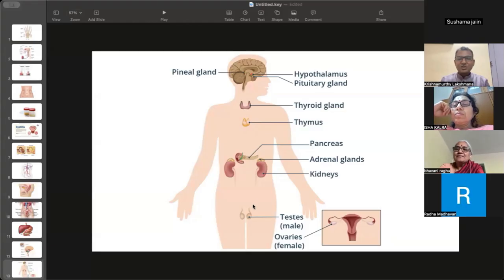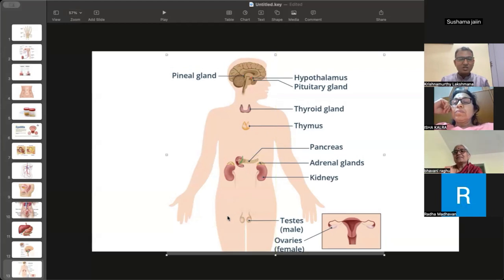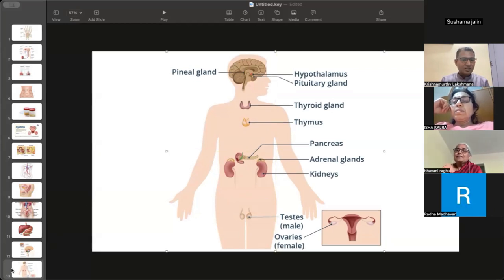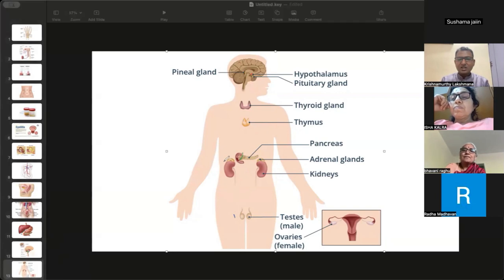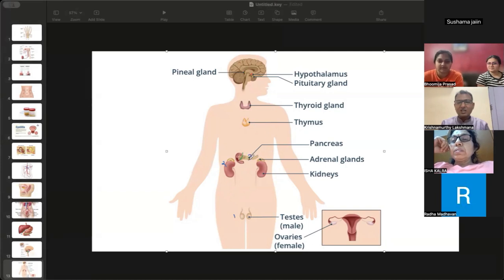So thalamus is, let me show. It started from 0, right? Sorry, 1. Then adrenal is 2. Then pancreas is 3. And thymus is 4. And thyroid is 6.